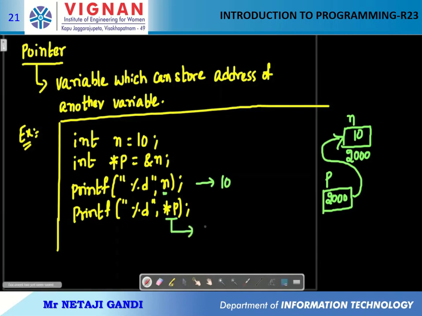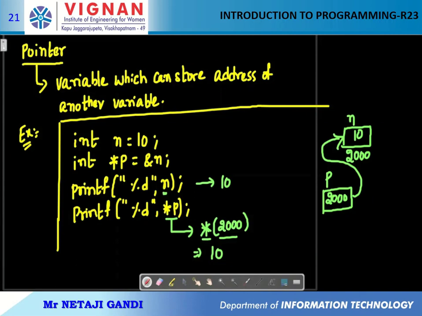How is this going to be evaluated? Star p represents star of p, which is containing 2000, so star of 2000 means the content inside the 2000 memory location. So this star indicates the indirection operator, which means it is obtaining the contents inside this memory location. So the content inside memory location 2000 is 10, so you obtain the result as 10 here.